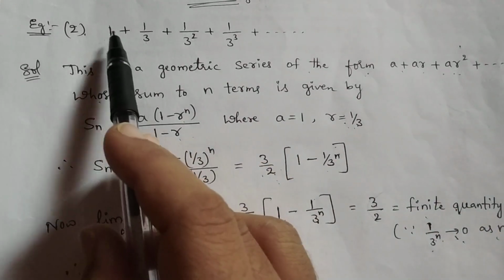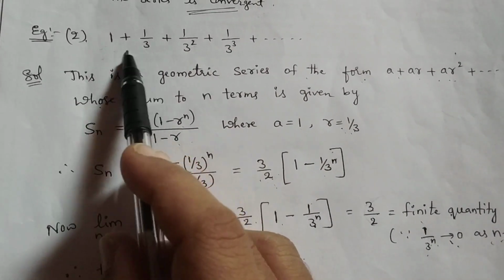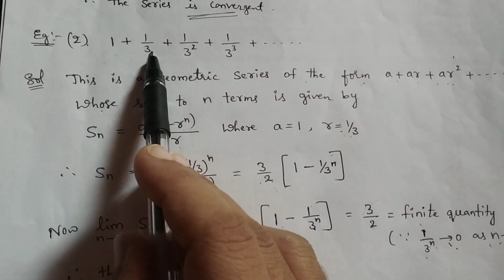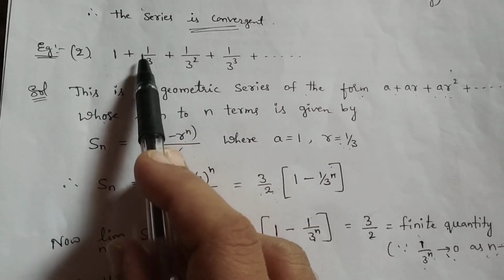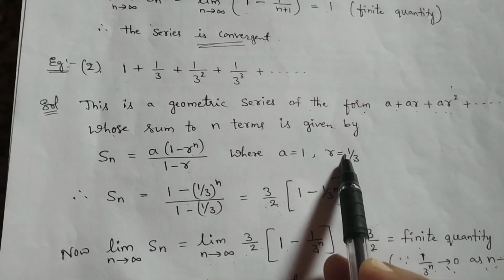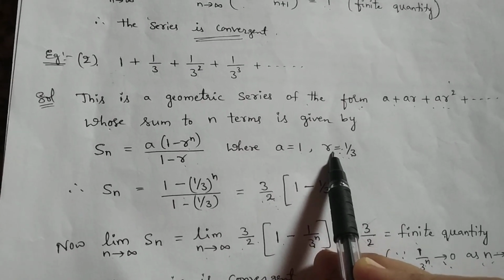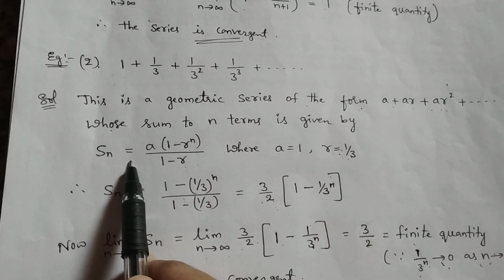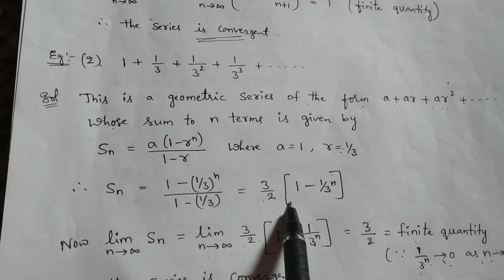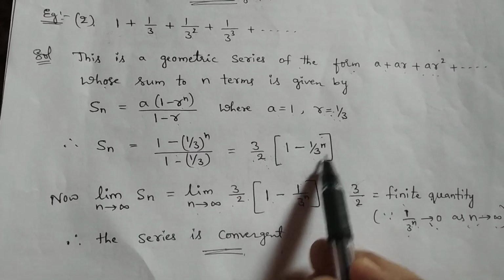Here a is 1, and to find the common ratio we take the next value divided by the previous one, so the common ratio is 1 by 3. Substituting these values in Sn and simplifying, we get the result in the simplest form.